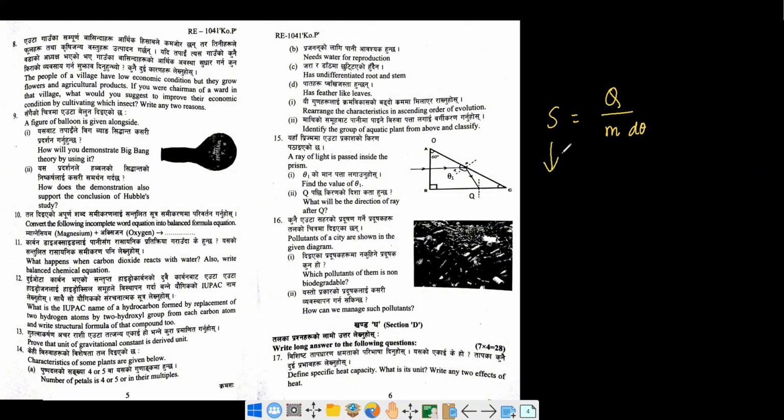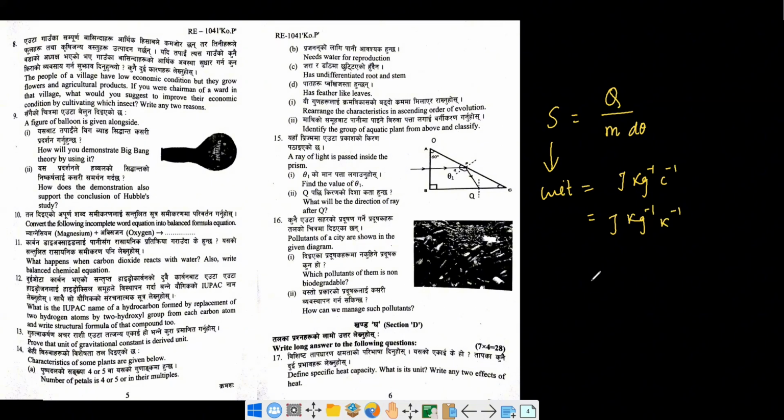If you want to obtain its unit, then it is quite easy. The specific heat capacity unit is going to be the unit of this parameter, that is joule per kg per degree C, or sometimes you may write joule per kg per Kelvin in SI unit.